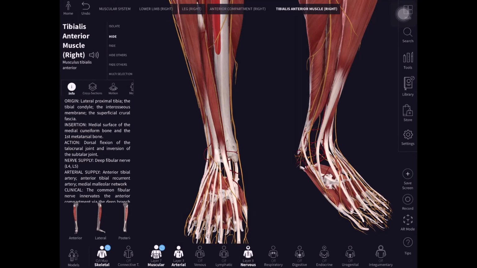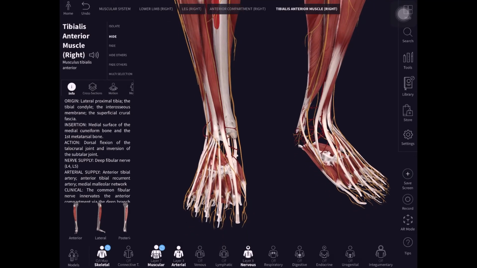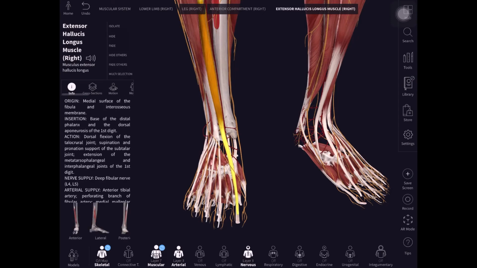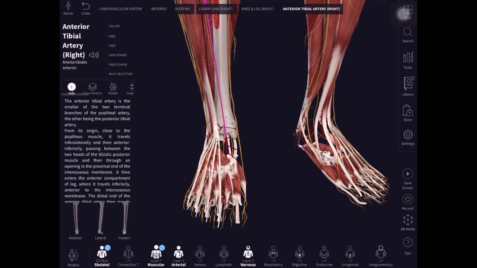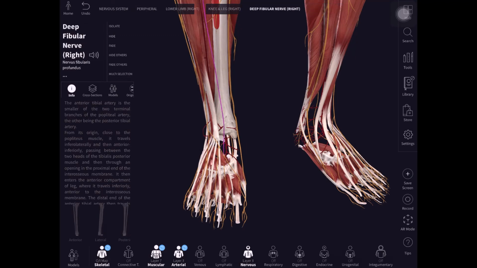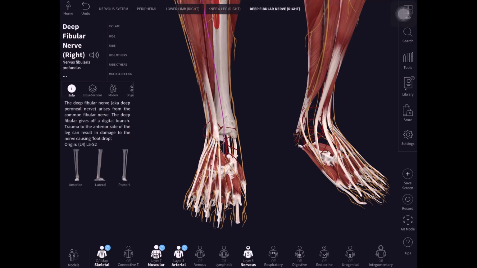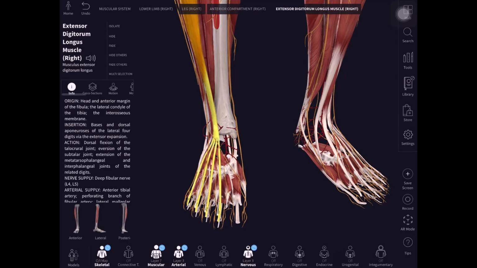Then after tibialis anterior you got this one which is going to the great toe, that is your extensor hallucis longus. This also will hide. Then after that you have an artery, anterior tibial artery, hide. And after that you have a nerve, that is the deep peroneal nerve, also called fibular nerve, hide. Then you got your extensor digitorum longus which is going to the remaining four toes, hide.